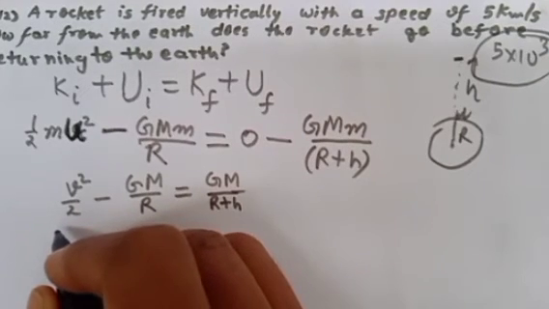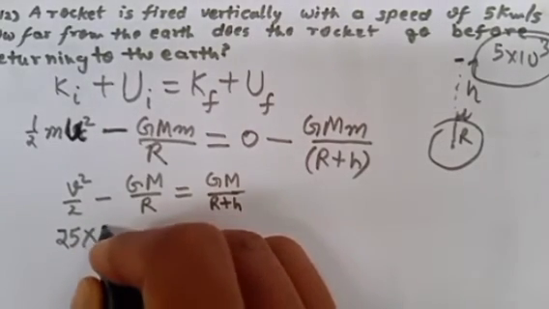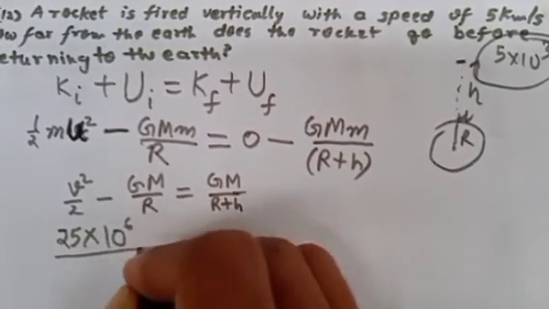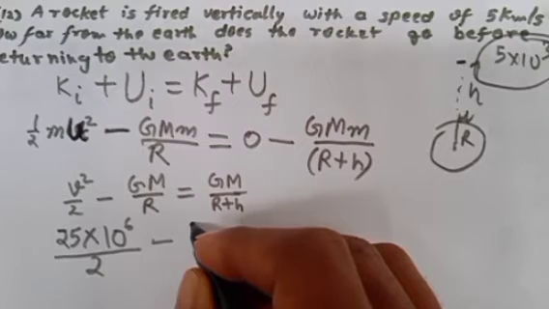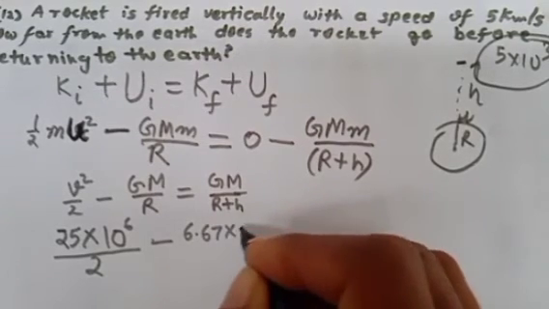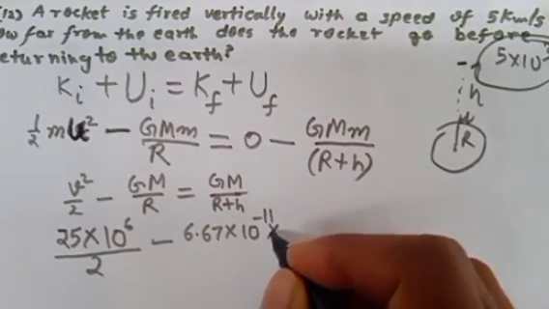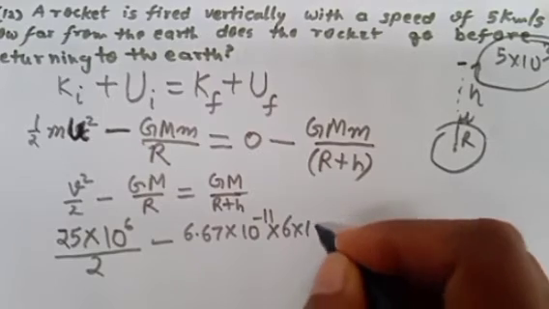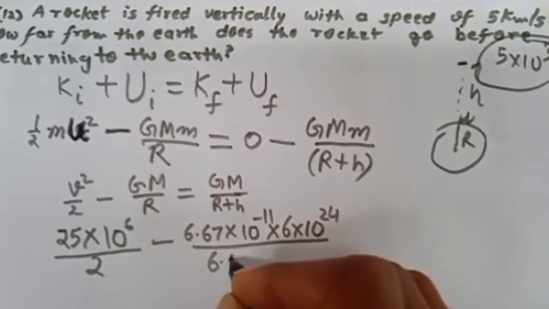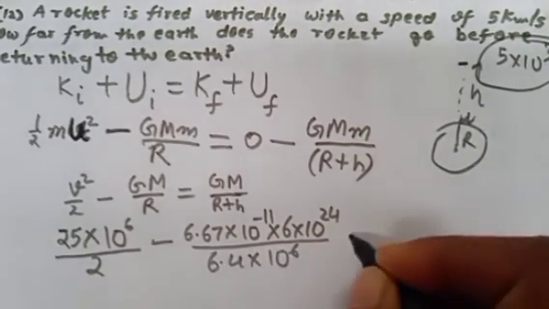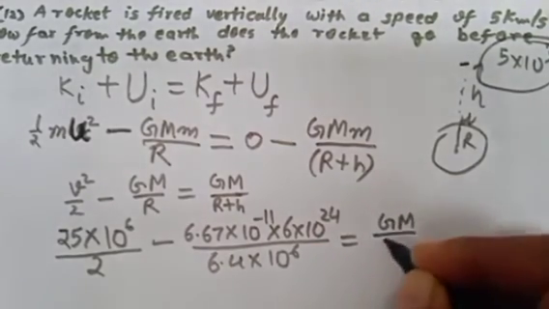So v square means 25 into 10 to the power 6, upon 2, minus 6.67 into 10 to the power minus 11 into mass of earth 6 into 10 to the power 24 upon radius of earth 6.4 into 10 to the power 6, equal to GM upon r plus h. Here I am not putting values right now.